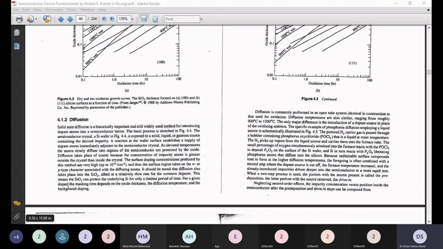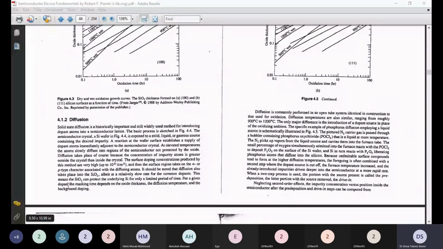It should be noted that diffusion also takes place into the silicon oxide, at a relatively slow rate for the common dopants. This means that silicon oxide can protect the underlying silicon for only a limited period of time. For a given dopant, the masking time depends on the oxide thickness.